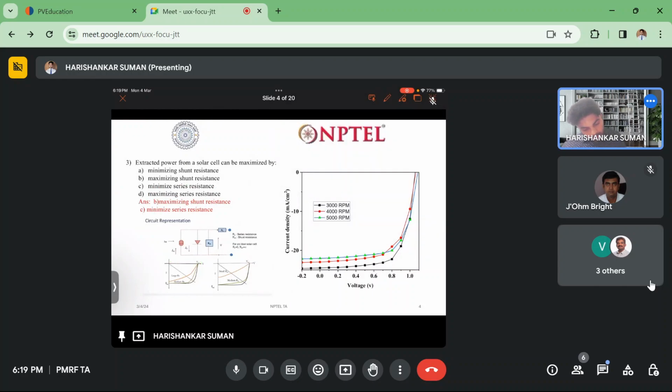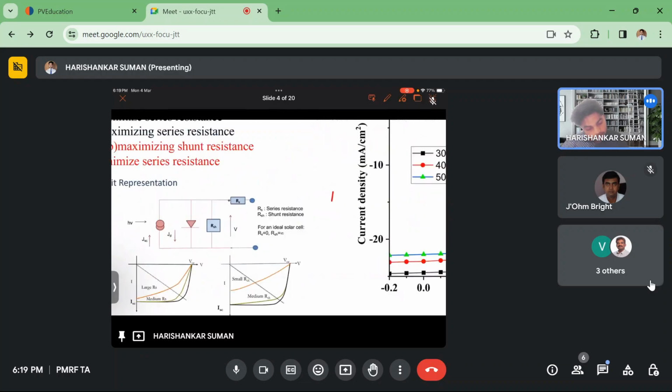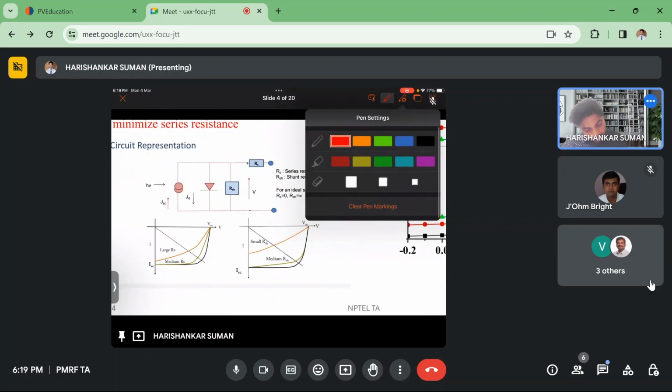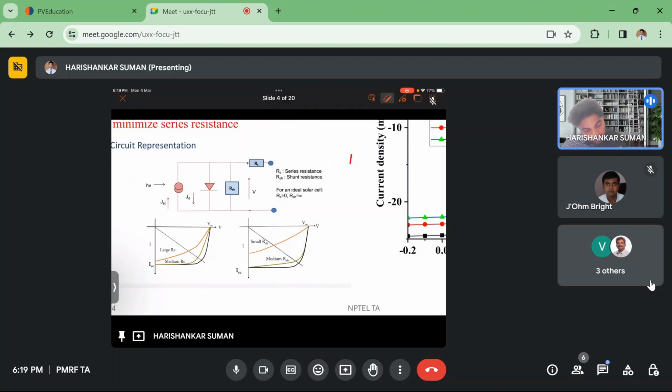And please look also at this curve for an ideal solar cell. This is the condition. First, this is second. Here the series resistance is explained. There is a shunt.